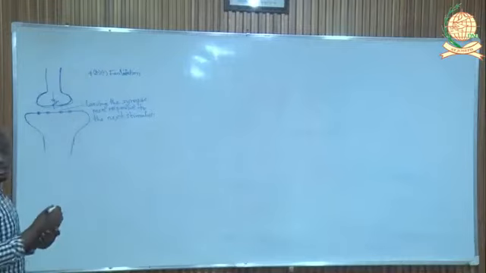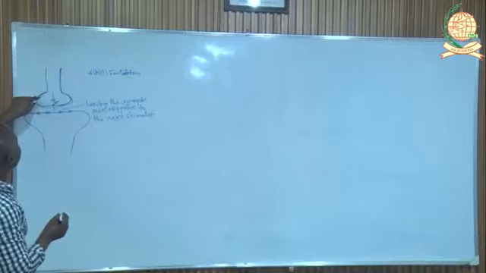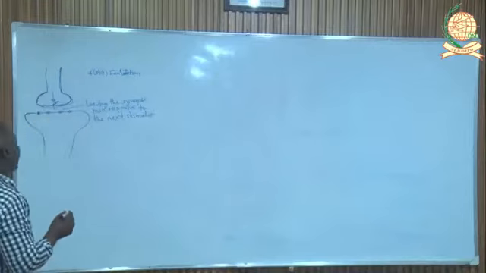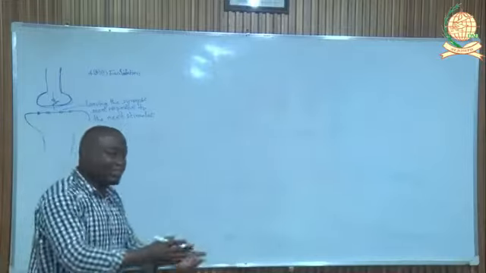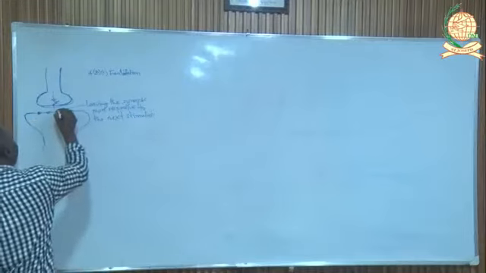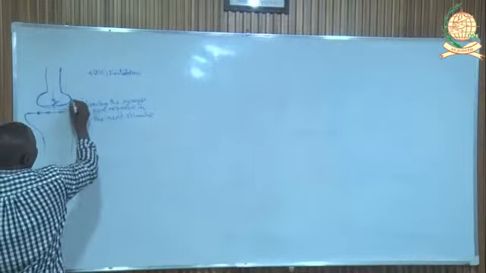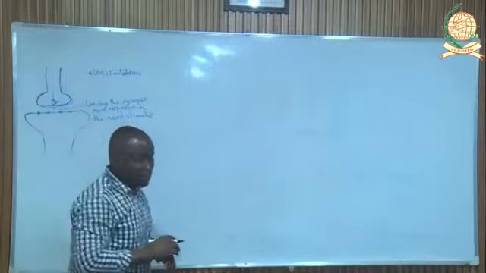The concentration of calcium is what triggers the fusion of the synaptic vesicles with the presynaptic membrane, and the vesicles burst, releasing the transmitter substance. In this case, let's say it's acetylcholine, assuming this is a cholinergic neuron.